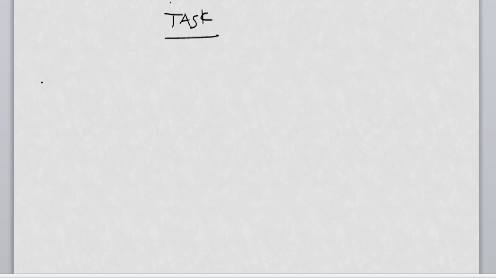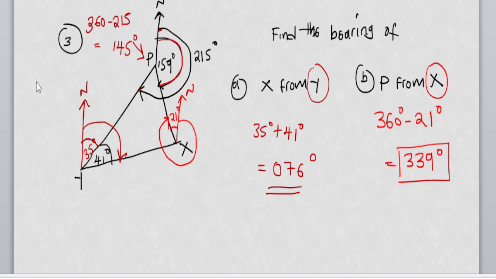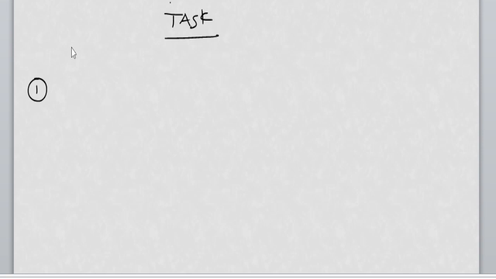The first question will contain some angles, then the other one will just be on bearings.